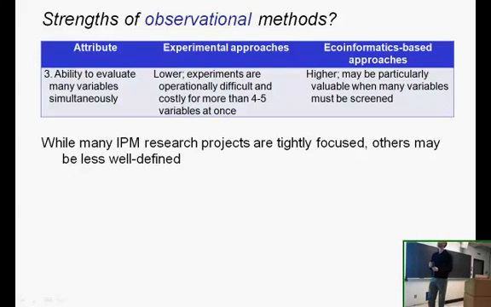A fourth potential advantage of observational methods has to do with how easy it is to translate the results of a research project into a recommendation for farmers. And I think this is actually a challenge that's often not really contemplated so much. Researchers often are speaking a different language than the farmers are speaking. So we may do our sampling differently, we're measuring things differently.